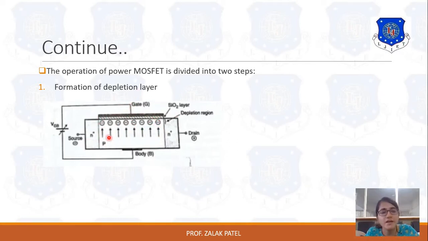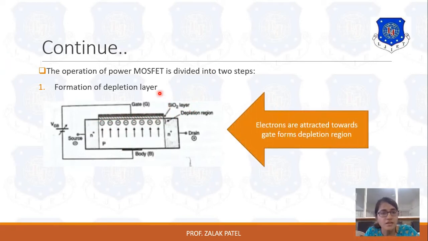Because of this attraction of electrons towards the gate terminal, at the SiO2 layer this layer is created, which is also called a depletion layer. That's why the first stage is called the formation of depletion layer, because electrons are attracted towards the gate terminal.